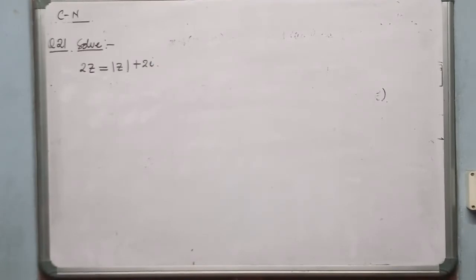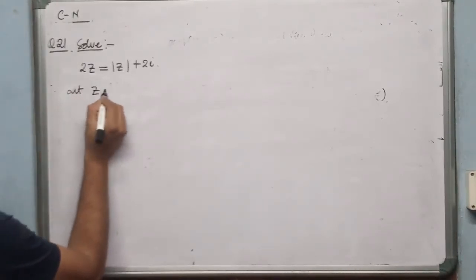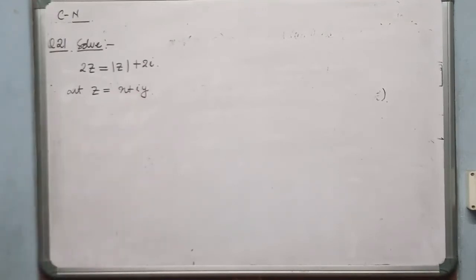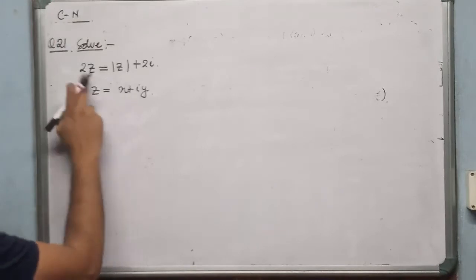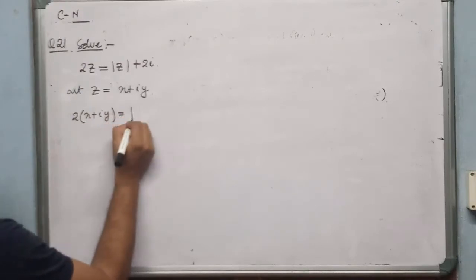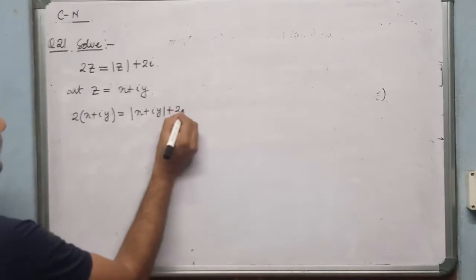Solve means now I'll calculate the value of z using the property of complex numbers. I'll consider that z equals x plus iy. Now I'll substitute over here: 2 into (x plus iy) equals mod of (x plus iy) plus 2i.